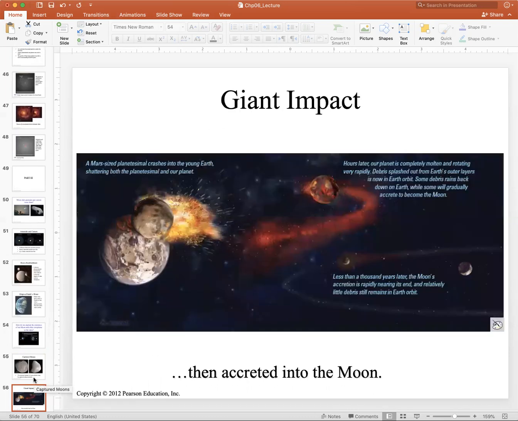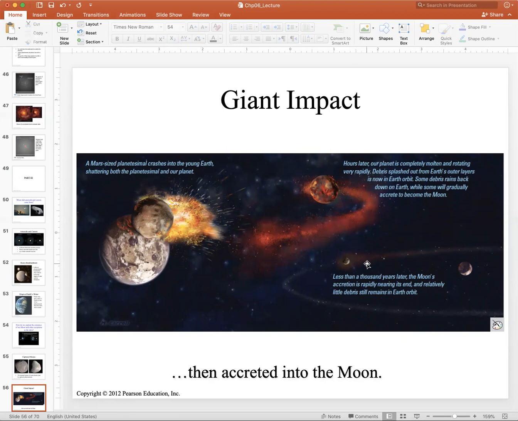The other way that we can have a moon is through a very giant impact, and this is what we think happened to our planet. A Mars-sized object, probably another planet, had a catastrophic collision with Earth. In a matter of a few hours, all of this debris was shattered everywhere, eventually covering everything.